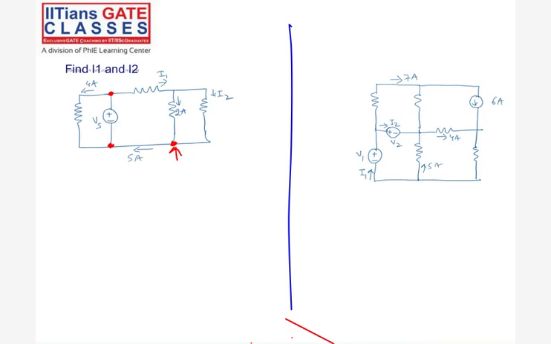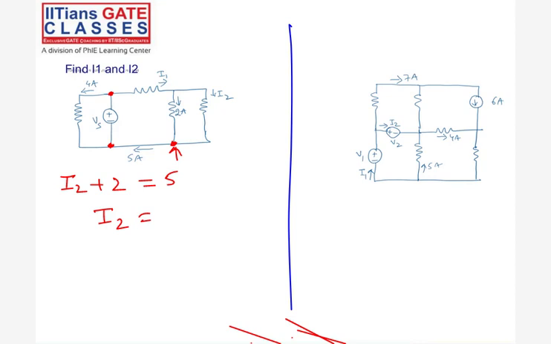This is a GATE question, a direct question. Incoming currents are I2 and 2 amps. I2 plus 2 is equal to the outgoing current, 5 amps, right? So I2 will be 5 minus 2, 3 amps directly.